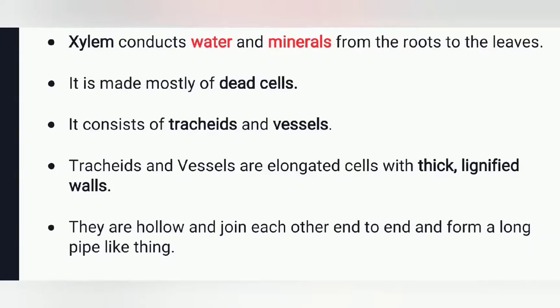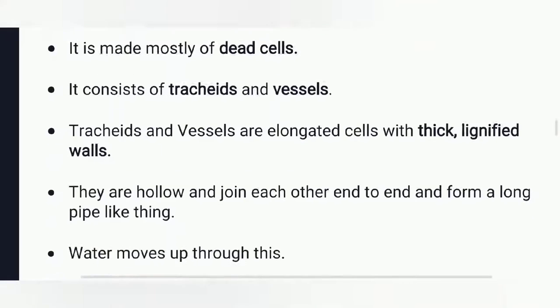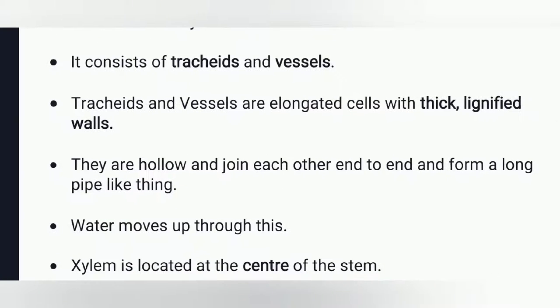Both tracheids and vessels are cells of xylem tissue. They constitute the xylem tissue. Tracheids and vessels are elongated cells with thick lignified walls. What is meant by lignified walls? Their walls are made up of a substance called lignin. They are hollow. What does it mean?